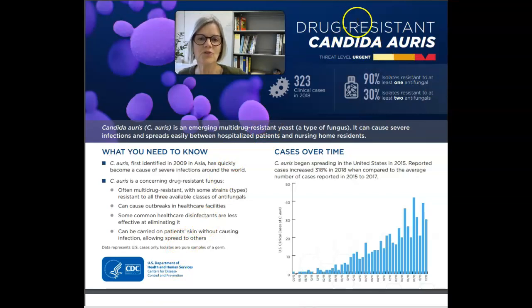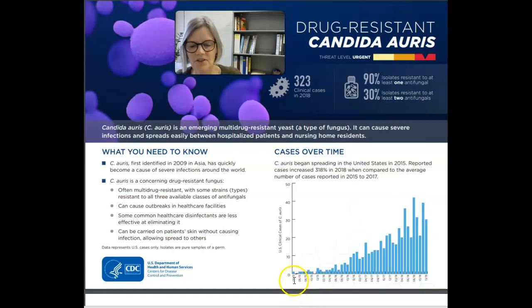But they're talking about drug-resistant Candida auris. One of the reasons why I wanted to show you this is this is an important healthcare-associated infection that is happening and developing in real time right now.